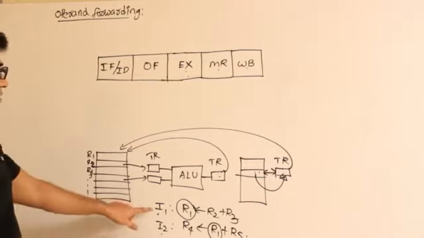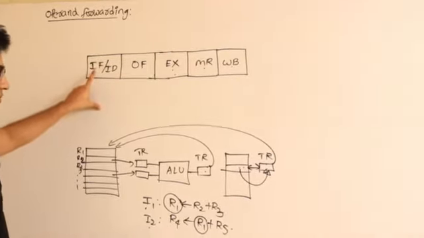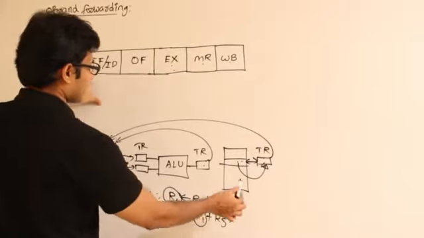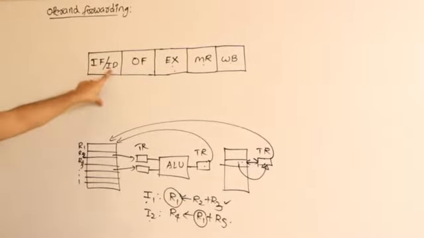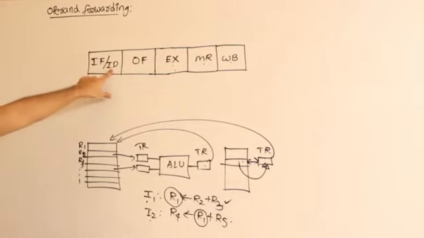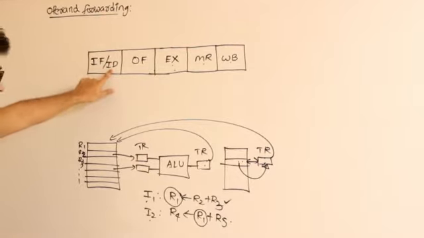If you observe what happens in this pipeline, first this instruction will be fetched and decoded, and it will be understood that we have to add two registers R2 and R3 and store the result back in R1. Appropriate control signals will be generated.